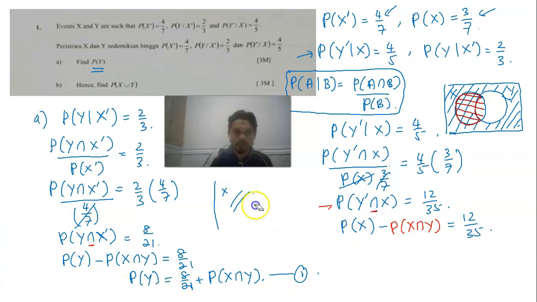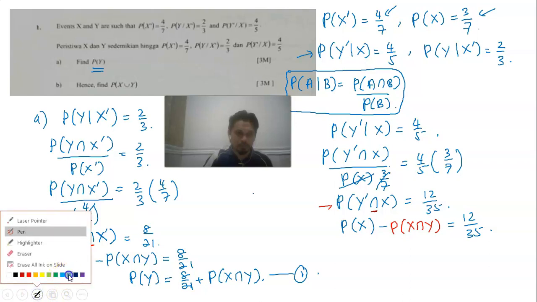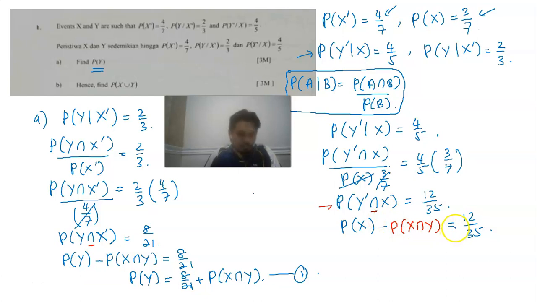So we clear all this now. Okay, so what do we want here right now? Class, we want this term, probability of x intersect y, because we are going to substitute this one here.